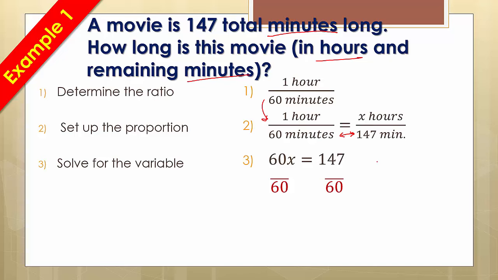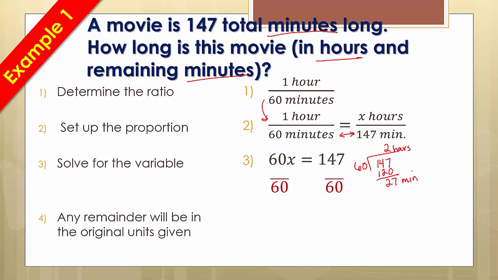So we take 147 divided by 60, and you're going to get 2, because 60 goes into 147 twice. This is if you're using long division. And you have this remainder of 27, because 60 doesn't go into that. So you have 2 hours with a remainder of 27 minutes. So your final answer is 2 hours and 27 minutes.